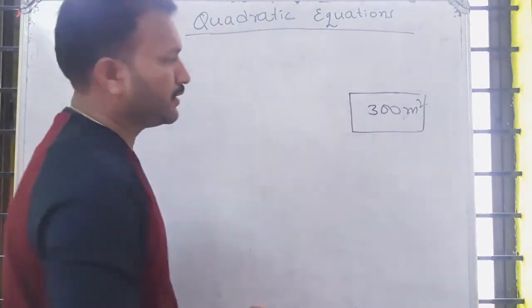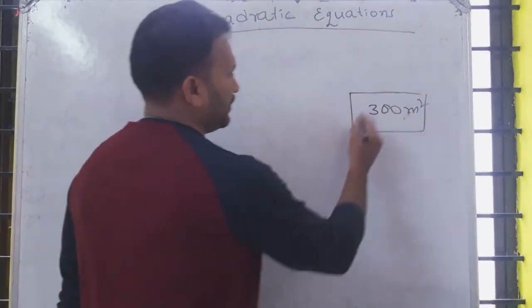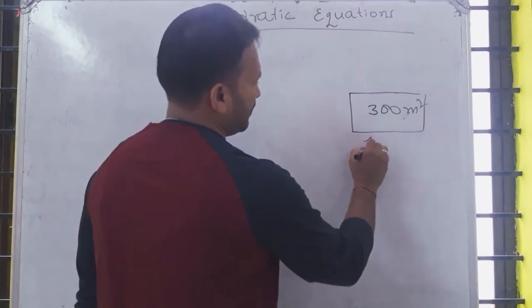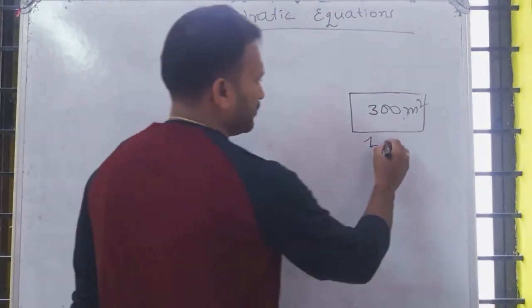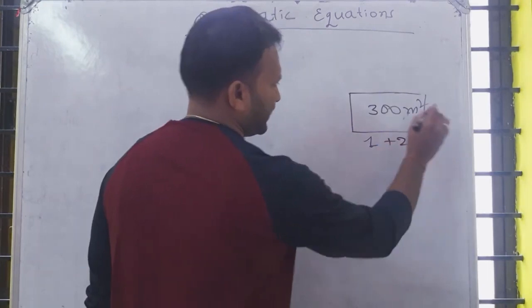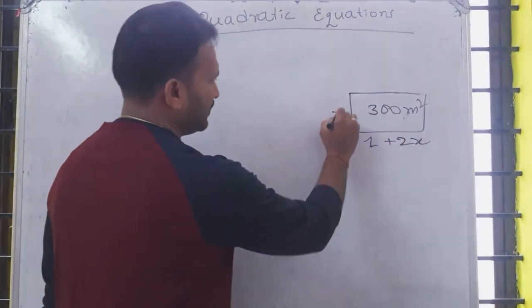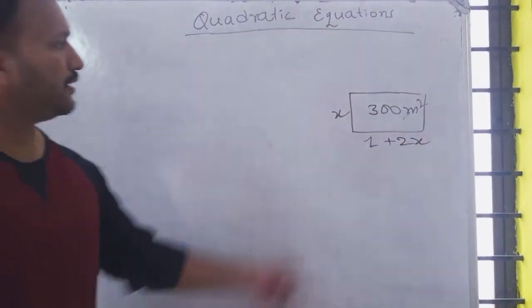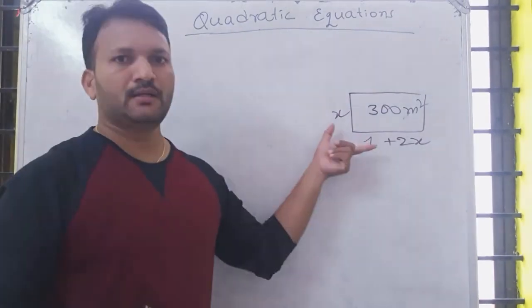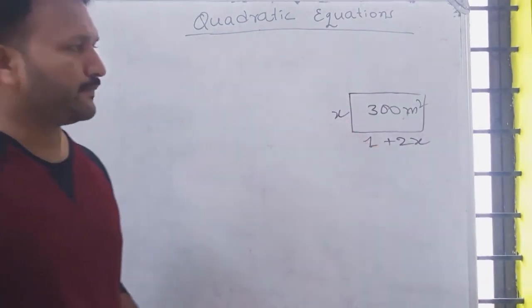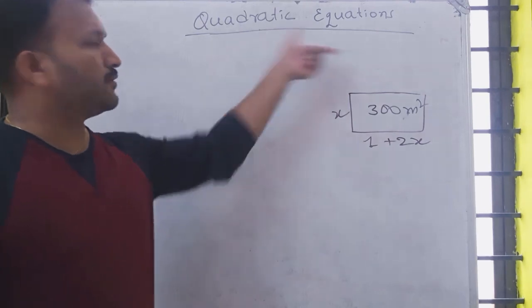We only know the length is 1 meter more than twice its breadth. Let the breadth be x. Then how can we calculate the length and breadth exactly? This can be done by using quadratic equations.